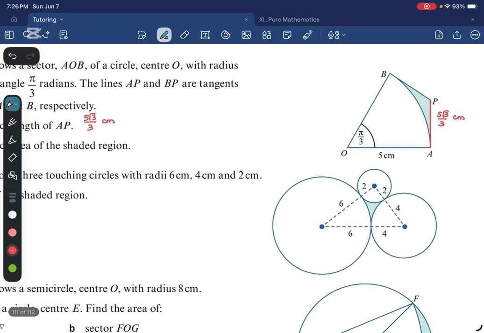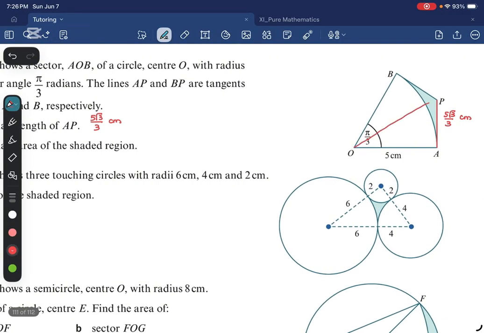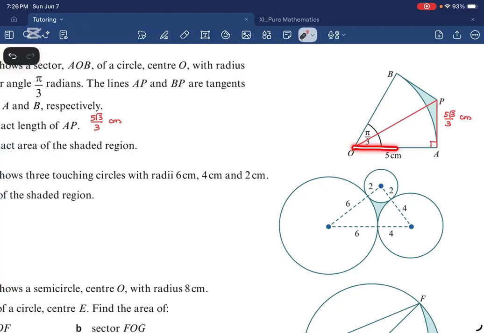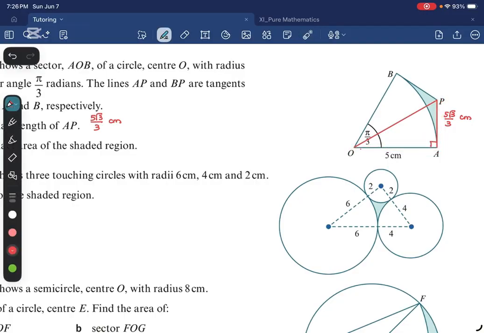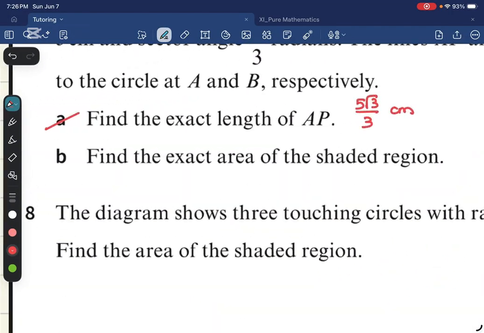Well, the exact area is going to be the same process again, right? This is a right angle triangle because this was the tangent line to the circle. So it forms a 90-degree angle with the radius down here. This is the radius. This was a tangent line. So this angle must be 90 degrees. So we can find the area of this right angle triangle and multiply it by 2 so that we get the area of the whole kite.